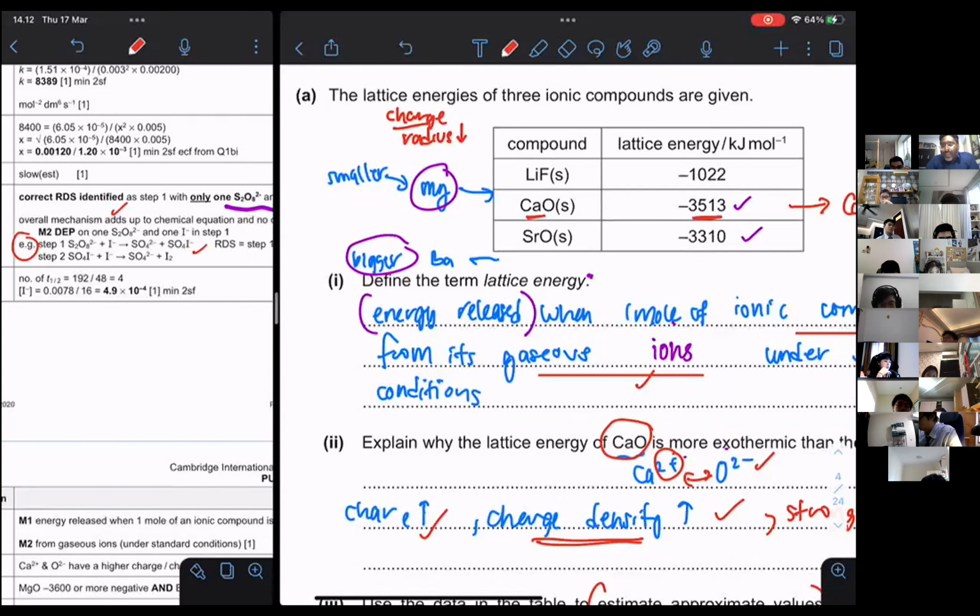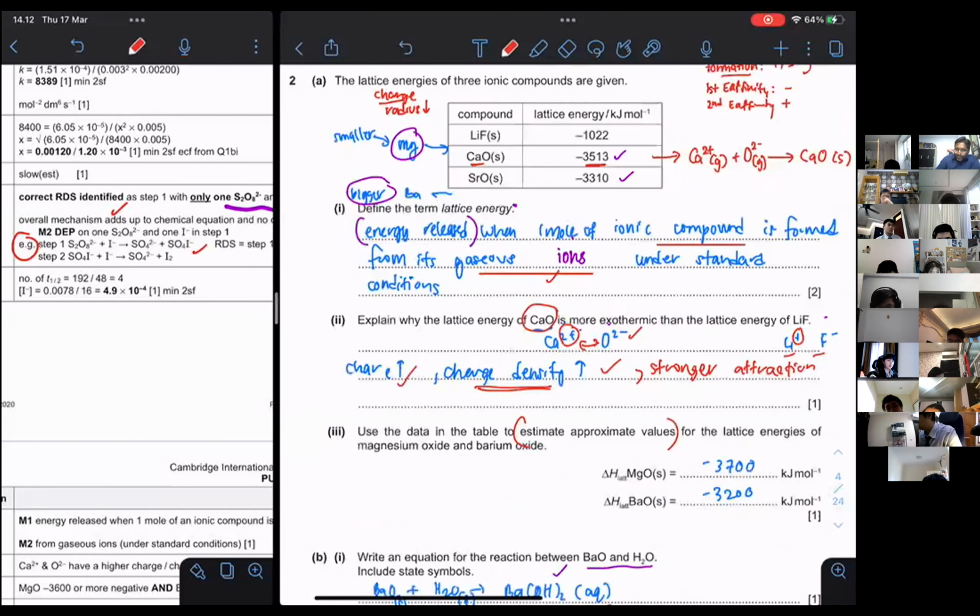So anything more negative than -3513 is correct. You can give -3515 and it is also correct, but I will not suggest that. I will suggest you give -3600 or -3700. That will be a good answer.